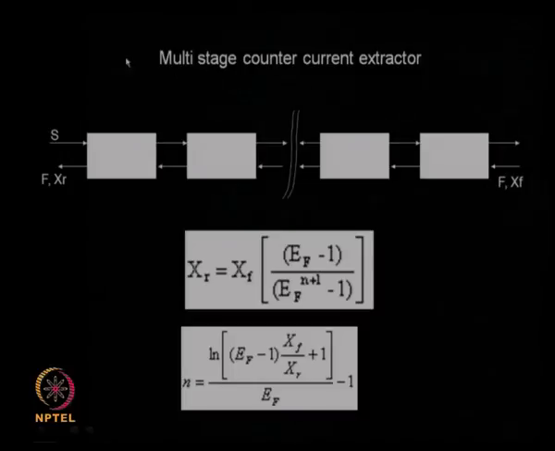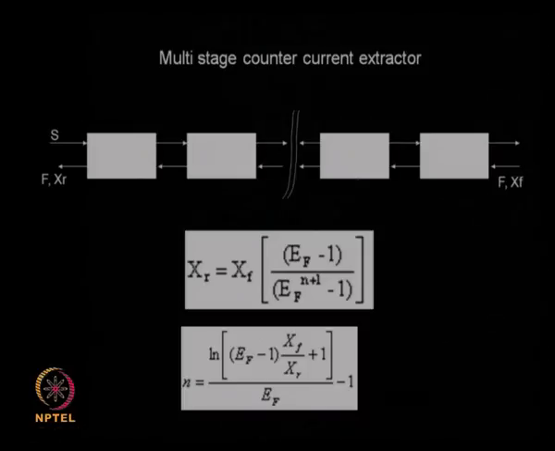The solvent that is entering on the left hand side is a fresh solvent, so it does not contain any solute, but after stage 1 it would have picked up some solute. So whatever solvent enters stage 2 or subsequent stages will always contain some solute. And the 2 streams leaving each stage are at equilibrium.